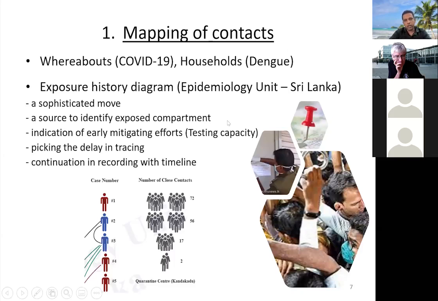In the epidemiological unit, we had this exposure history diagram, a very sophisticated move, and we should appreciate that they initially provided very useful detail with this contact mapping and exposure history. I just got one screenshot here. Later, if you want, I can share that total figure as well.